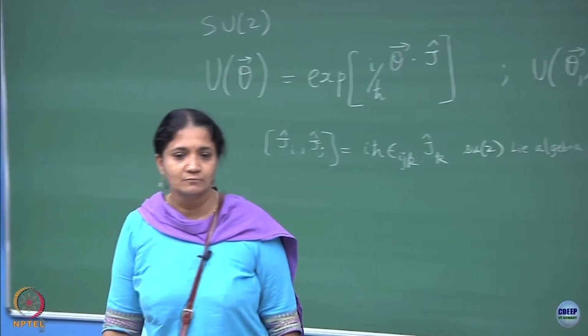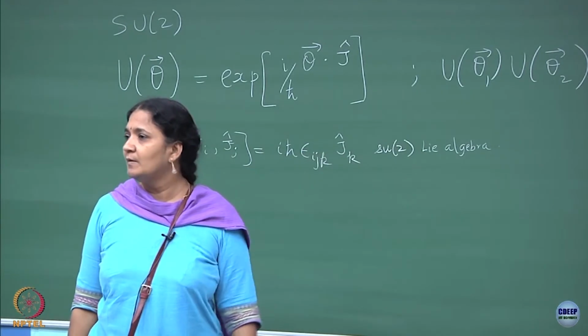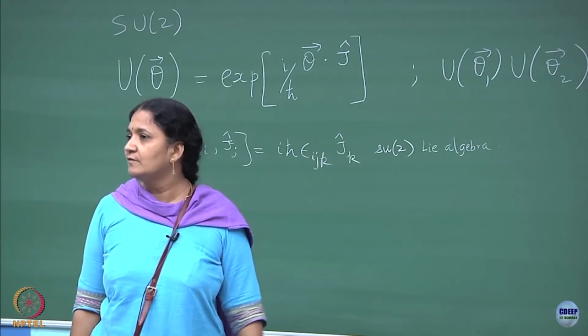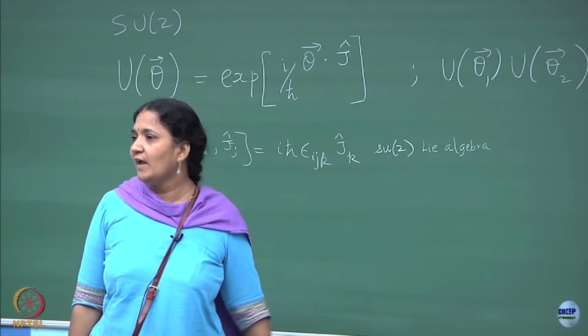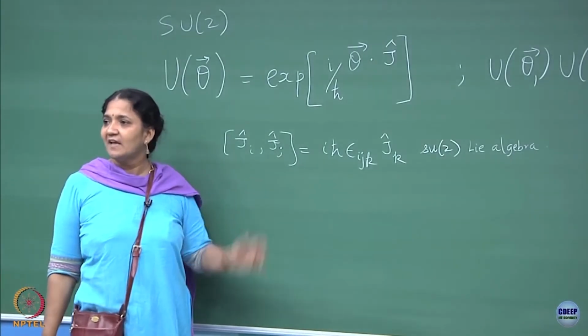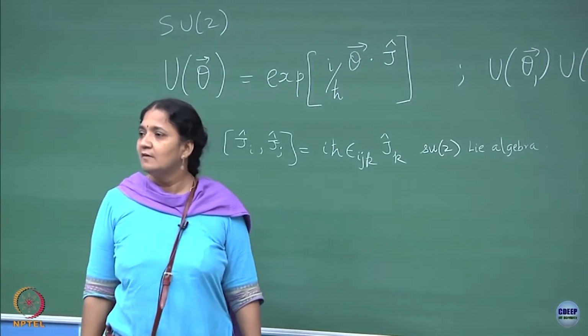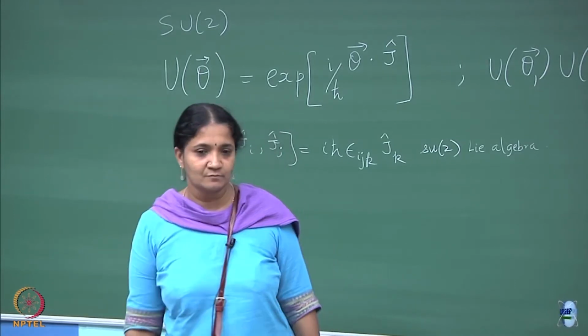So use the infinitesimal piece and keep terms up to order theta 1, theta 2 and see what you get, and you will end up getting this algebra for the generators. Just like I did for the orbital angular momentum, you can do this for this case.